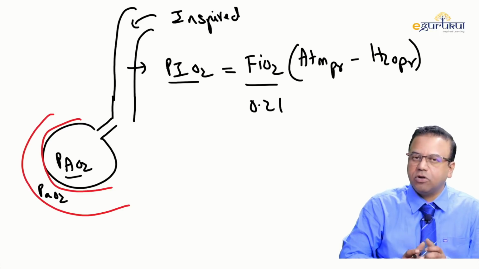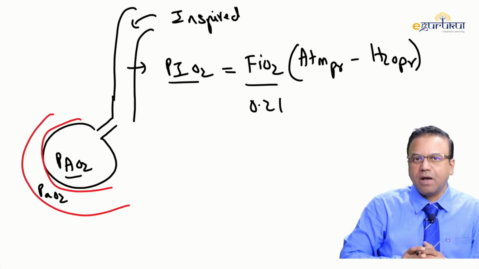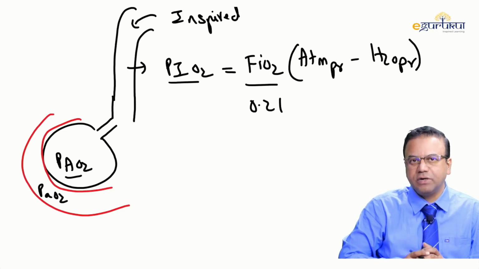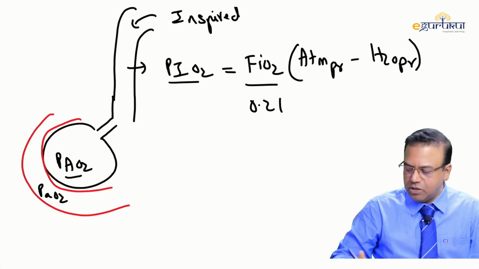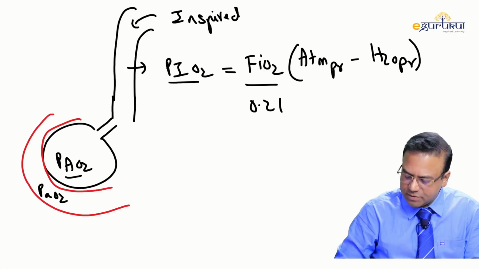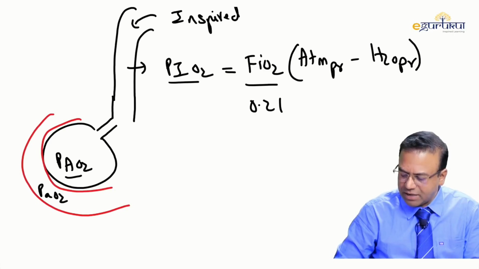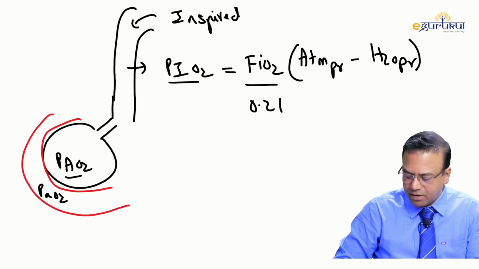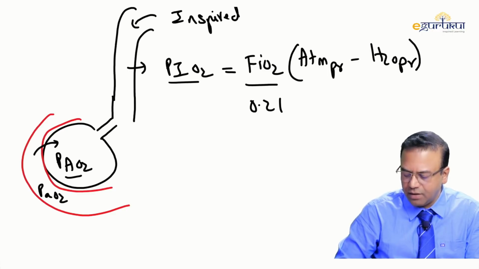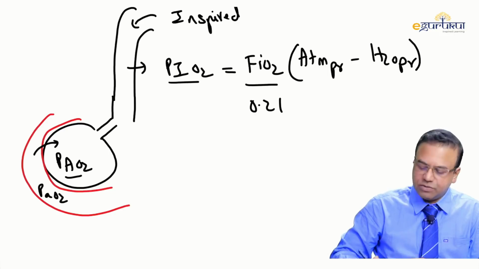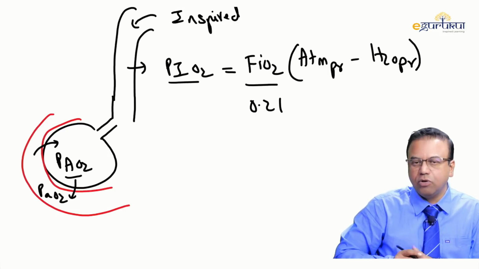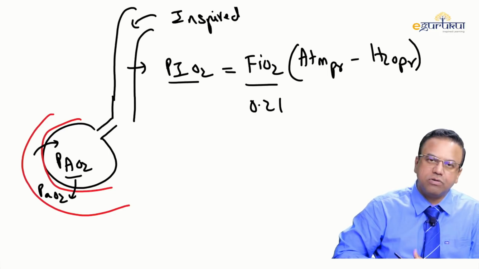There is 21% oxygen in the atmosphere, whereas carbon dioxide is 0.04%, which is very negligible. So when a person is breathing in, the carbon dioxide part is very negligible, but once in the alveoli, the alveoli is a constant source of carbon dioxide, and you know that oxygen is entering from the alveoli into the artery, and carbon dioxide is continuously coming out.